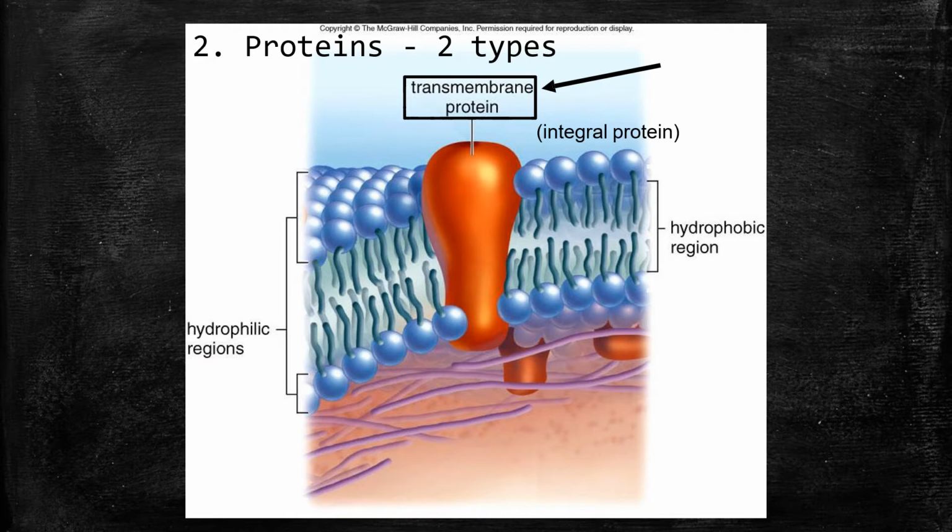And there are two types of proteins that we find within our membrane, and the first of those is what we call a transmembrane protein. So if you remember your Latin a little bit, trans means across. So this protein crosses both bilayers, both of the phospholipid layers. So it has a portion that touches the extracellular region and another portion that touches the cytosol.